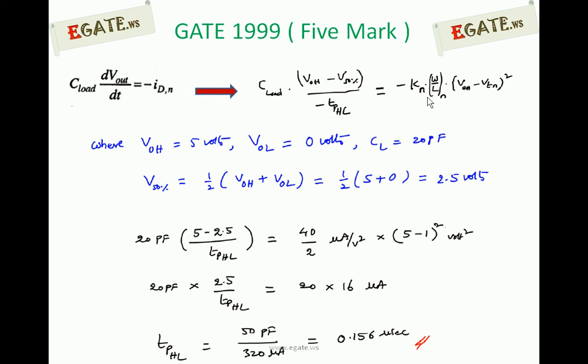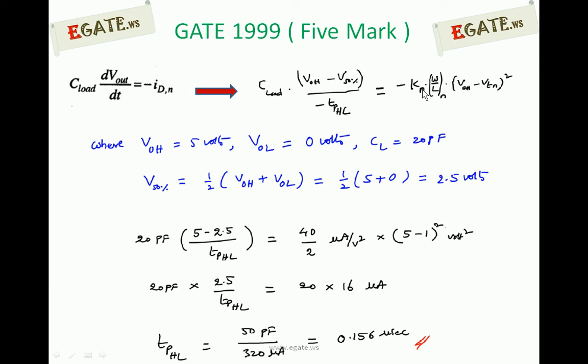Sorry, I made a mistake, the by 2 is there. So we write by 2 microampere per volt square into 5 minus 1 whole square. So 20 picofarad into 2.5 divided by tPHL equals 20 into 16. After simplification, tPHL is equal to 0.156 microseconds. So the propagation delay from high to low transition at the output takes 0.156 microseconds.